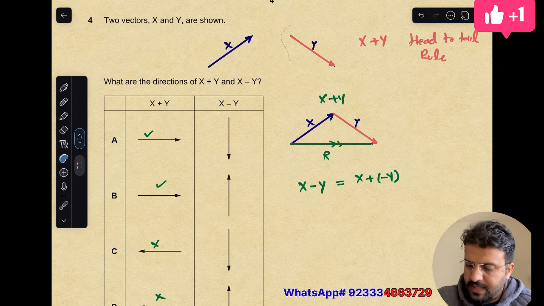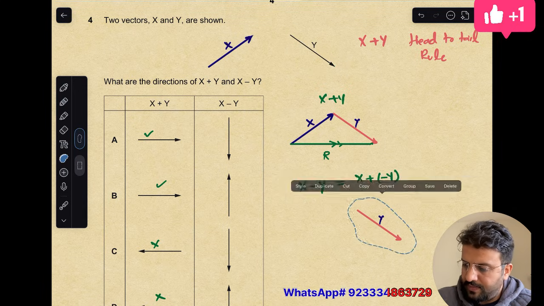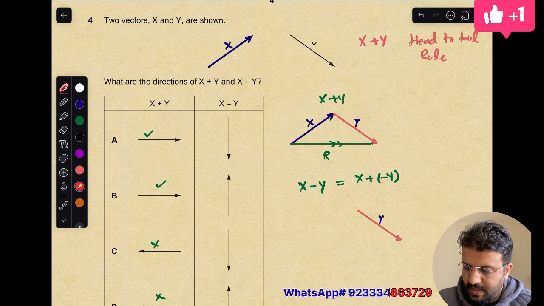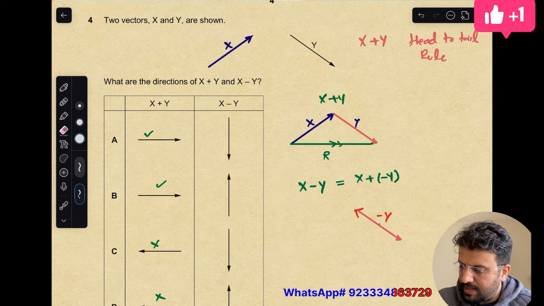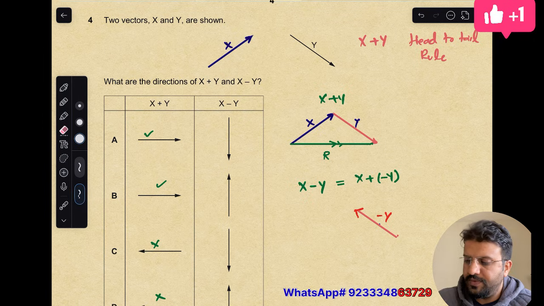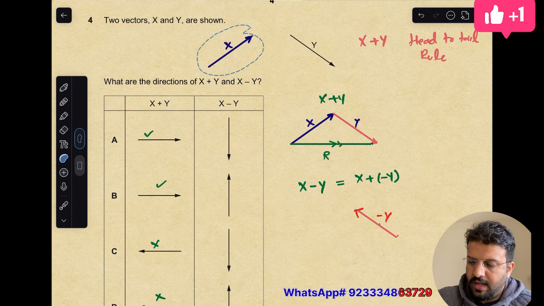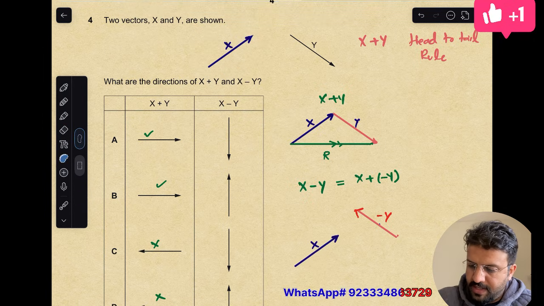If this is the y vector, and I need the minus y vector, I just have to change the arrow to exactly the opposite direction. This is the y. Again I can repeat the same process.